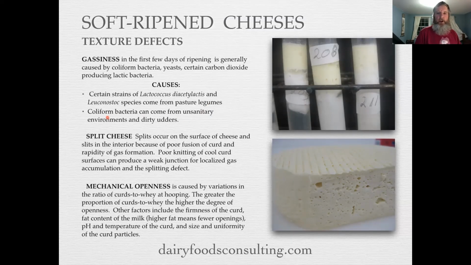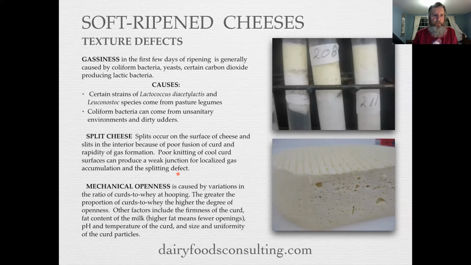And then we have our coliform group. So that's definitely a coliform contaminated cheese there with all these little fisheye type gas bubbles. So those are definitely going to be from sanitary type considerations as the way we will remedy the coliform problem.